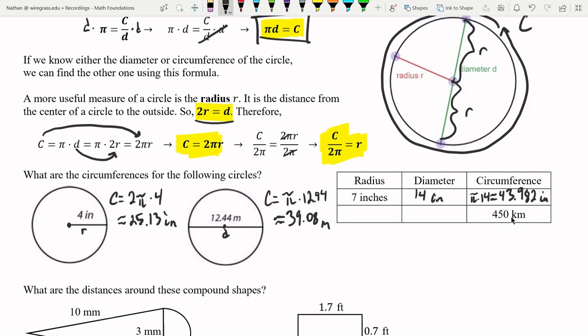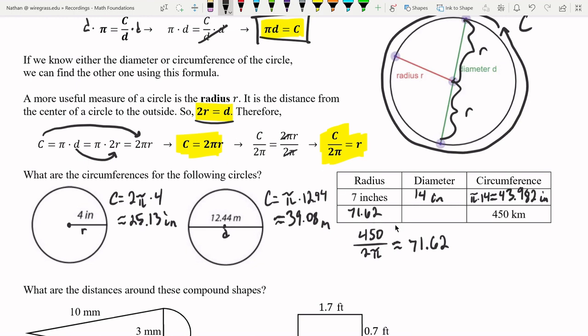Okay, now if we know the circumference of a circle, then we can find the radius using this formula here, right? 450 kilometers, so we're going to have 450 kilometers divided by 2 pi. That's going to give us the radius. And I am getting 71.62 approximately.